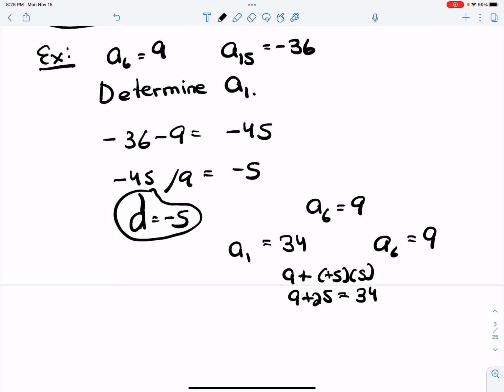Now, a slightly weird example is, what if you see the arithmetic sequence as a graph? So what if they graph the dots like this?